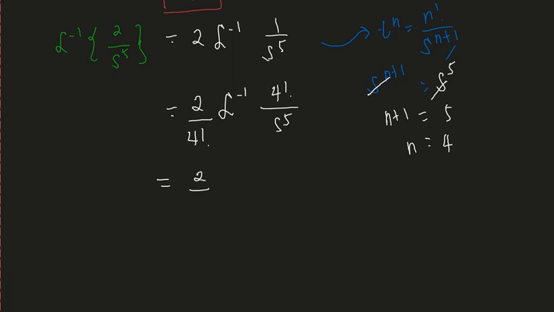So 4 factorial is 4 times 3, which is 12, times 2, which is 24, times 1, which is 24. So we have 24 here. Then this one will automatically be t raised to n naton, where n naton is equal to 4. So pwede siya naton ma-reduce into lowest term. So this will be equal to 1 all over 12 t raised to 4. This now will be aton nga final answer.